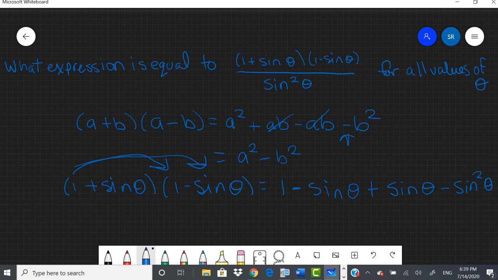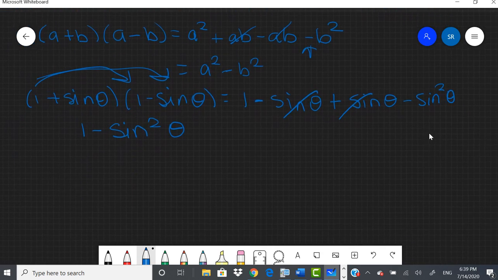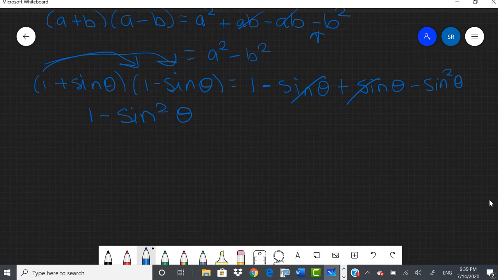1 times 1 is just 1, so the 1 stays there. My middle term just drops out, so that top numerator turns into 1 minus sine squared theta. Let me rewrite the whole thing.